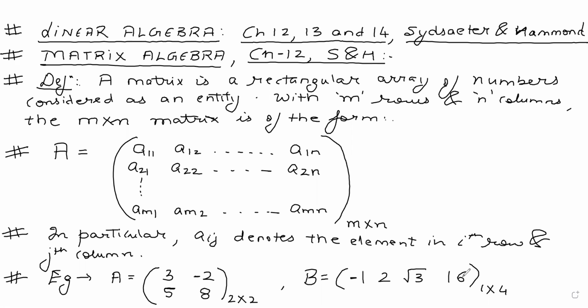But when we are doing the mathematical methods for economics course, we are more interested in numbers. With m rows and n columns, you can see the m cross n matrix on your screen. In particular, Aij denotes the element in the ith row and the jth column. And two examples which I have done: one is a 2 cross 2 matrix, another is a 1 cross 4 matrix. So erasing all of this off, let's move forward.